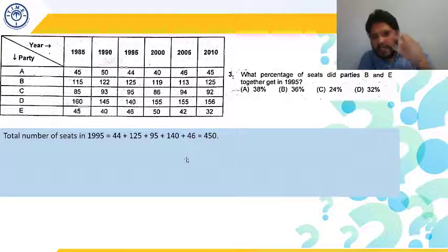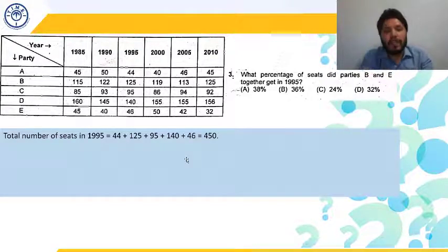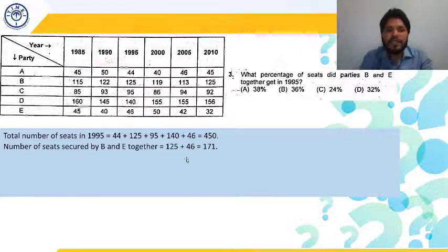So what is the percentage of the sum of party B and E seats as compared to the total number of seats in 1995? How much did party B get in 1995? It is 125. And how much did party E get? It is 46. So their sum is 125 plus 46, which comes out to be 171.